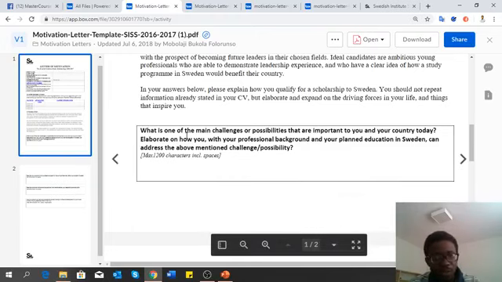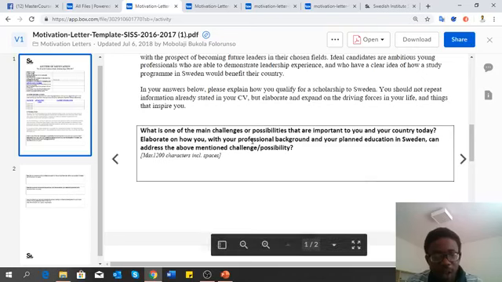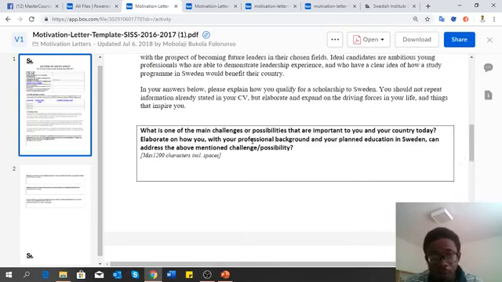What they are saying here is they want to know the major, very critical problems in your country at the moment. And then they're asking how you, with your professional background and your planned education in Sweden, can address this problem.